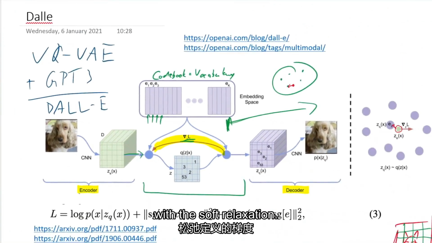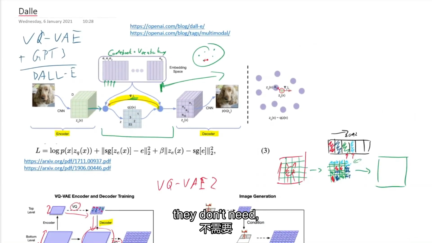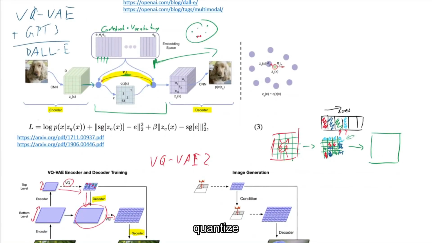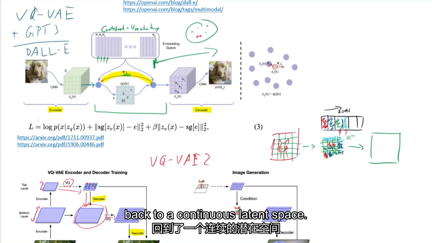With the soft relaxation, you do have a gradient, and maybe they just mean they don't need this hard assignment to the codebook. I'm not sure. Or maybe they quantize in a different way. Maybe they go back to a continuous latent space.